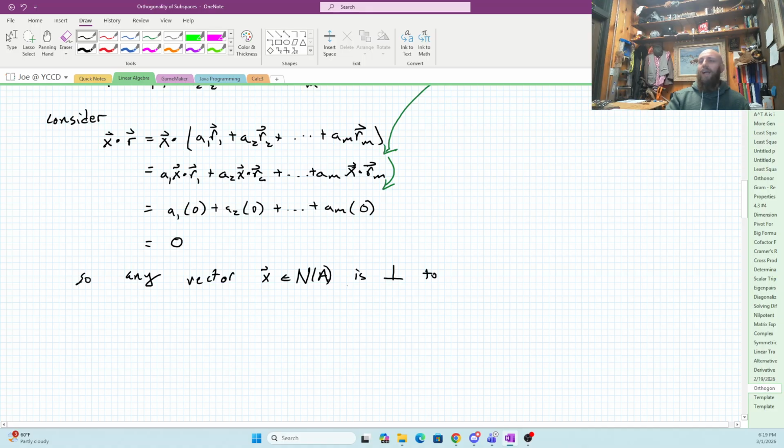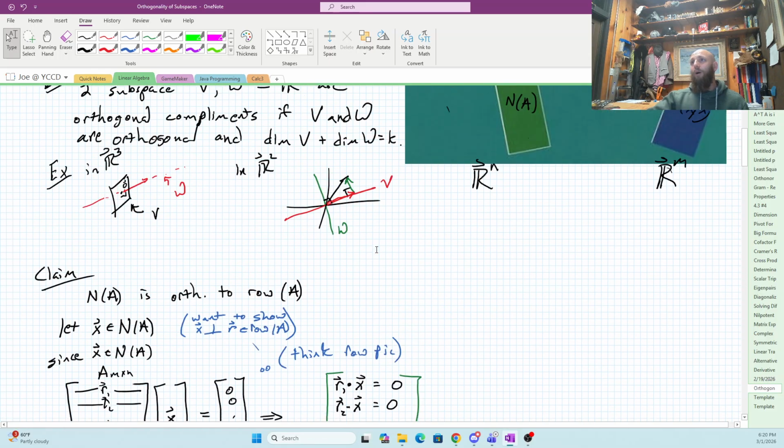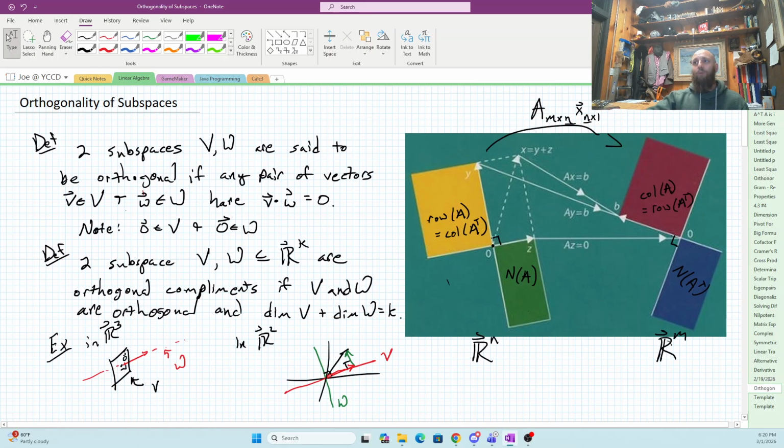So any vector x in the null space of A is perpendicular to any vector r in the row space of A. So what that means is that I can go up here to my picture and put in this little perpendicular guy. So I know now the null space is perpendicular to the row space, and the row space is the column space of A transpose.